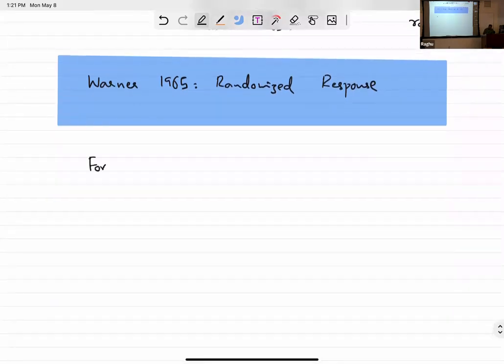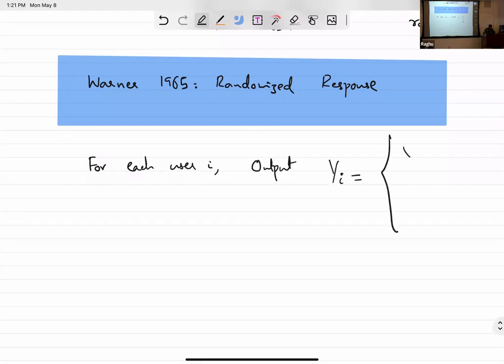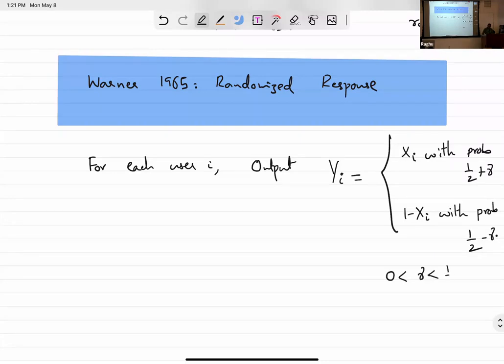And for each user, I output yi, which is xi with some tunable parameter gamma.